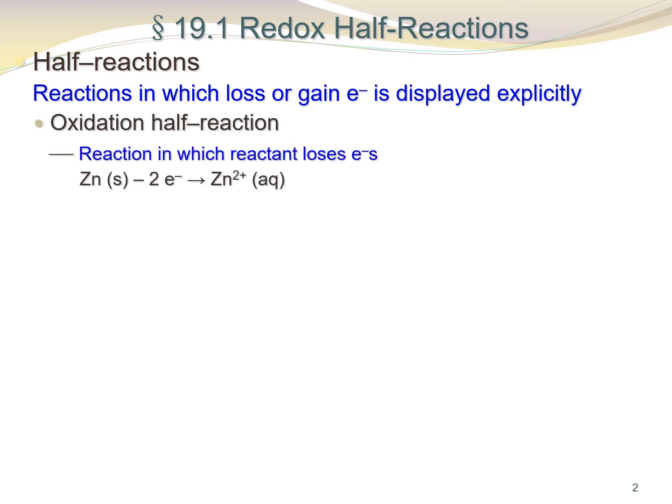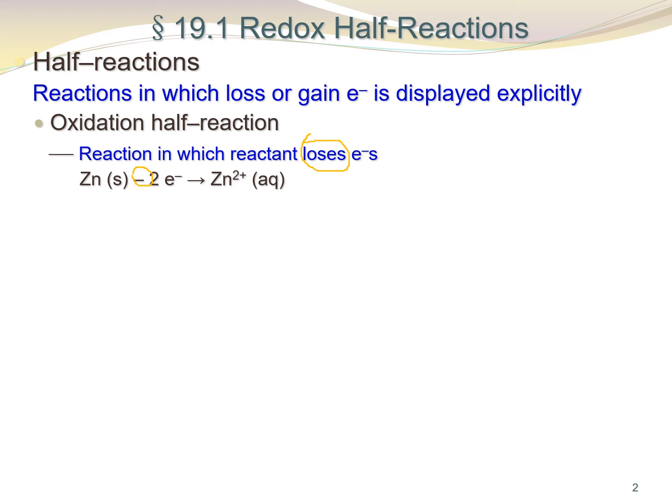Oxidation half reaction, as we already discussed, is a reaction in which the reactant loses electrons. Loses means minus. But in chemistry, we do not like minus. Because when we talk about equations, it's going to be something plus something yields something plus something.